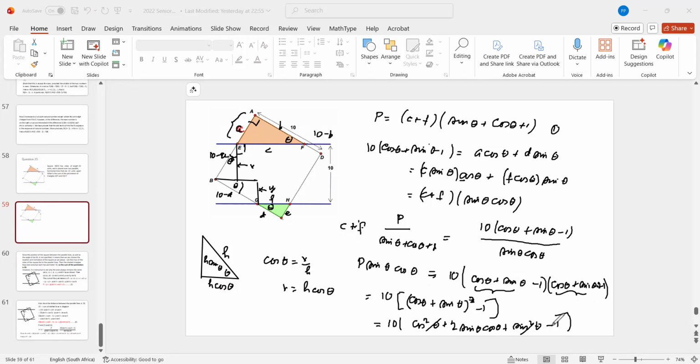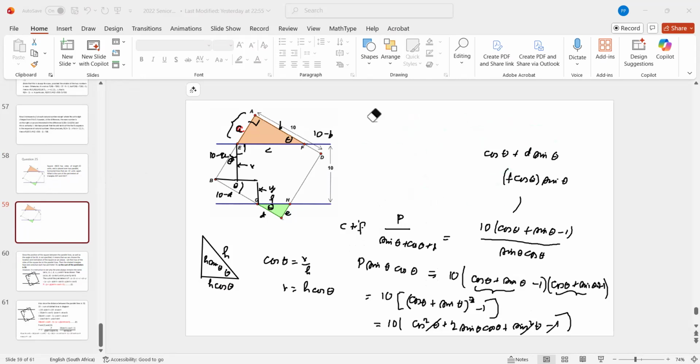So that is 1, and then 1 minus 1 cancels, right? On the left-hand side, I've got P sine theta cos theta.